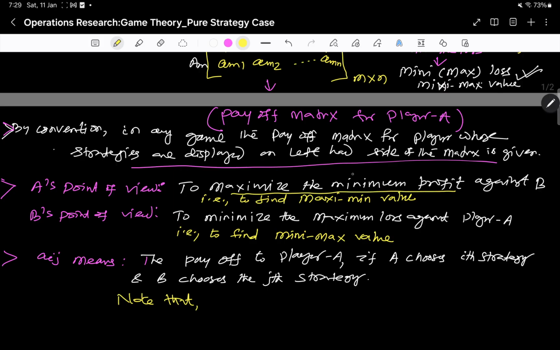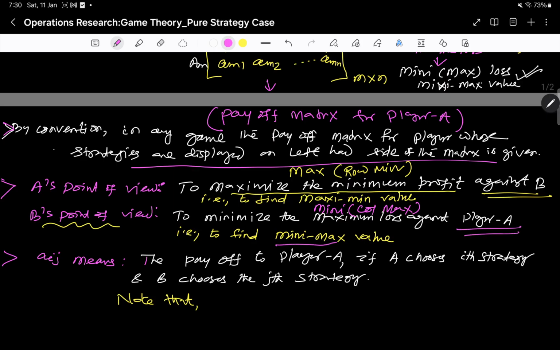So we find row minima, and after finding row minima, we then maximize it, against player B. From B's point of view, we have to minimize the maximum loss, which means we find the column maxima in each column and then minimize it. So it is against player A, to find the minimax value.